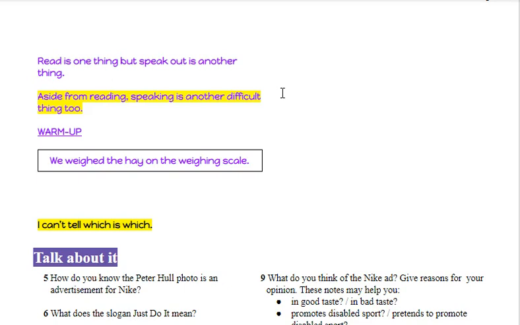I tried it with one of my students before, and we spent maybe a couple of minutes to make it perfect. I asked her to try to say that again, and she said, we wed the hair. Then I said, okay, can you say A?